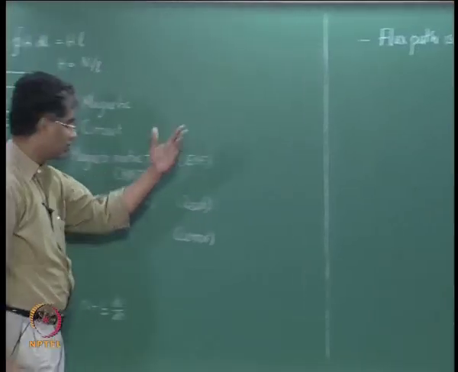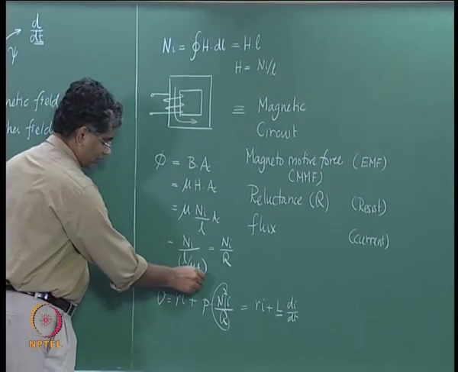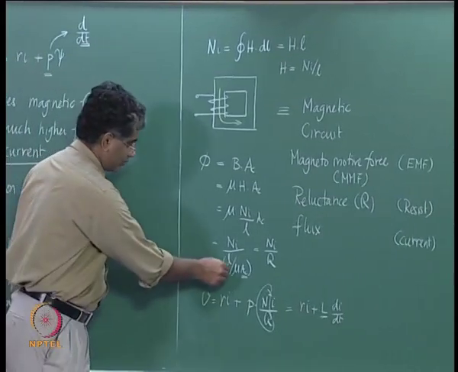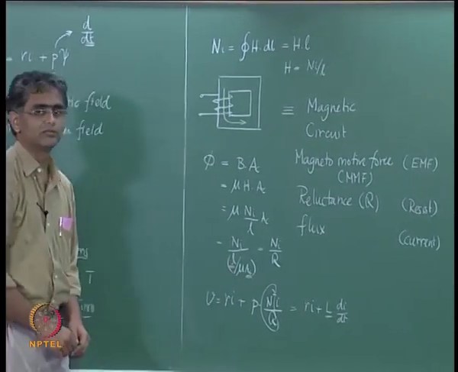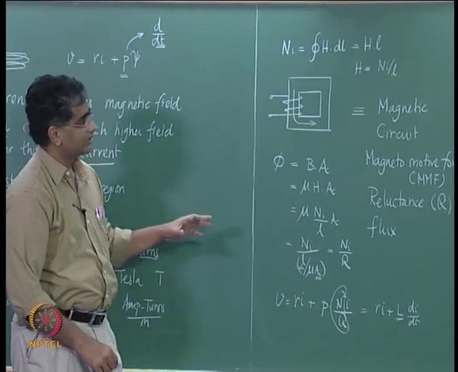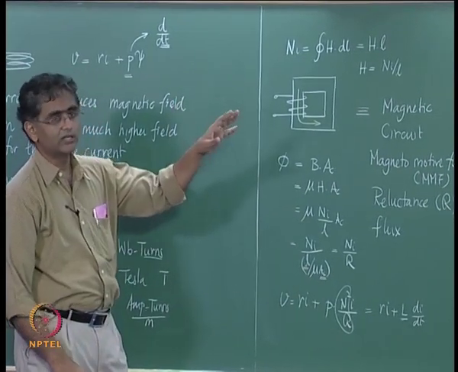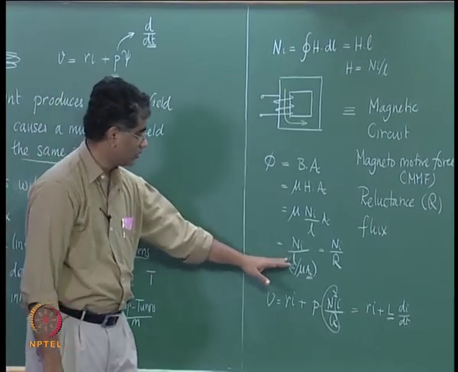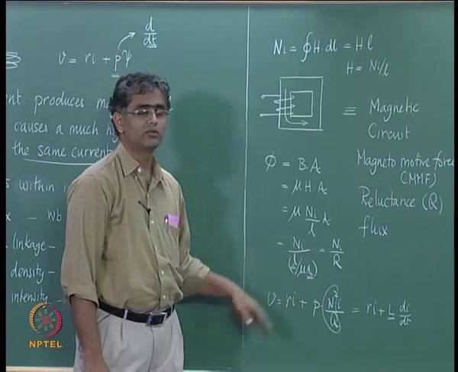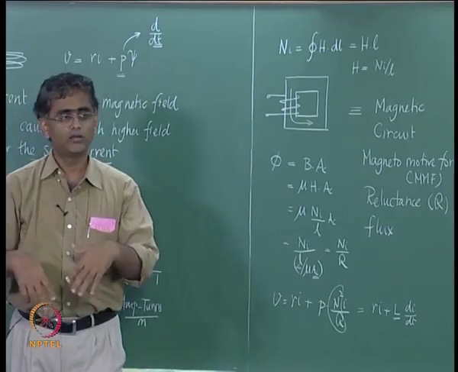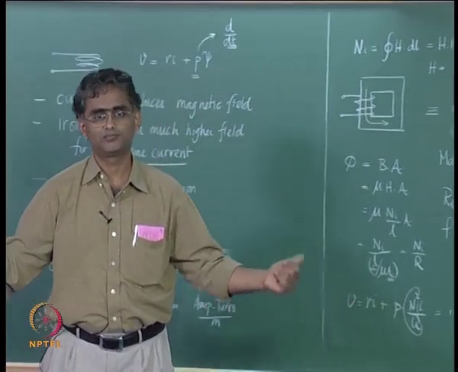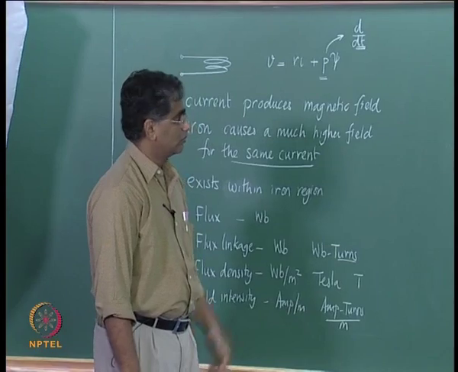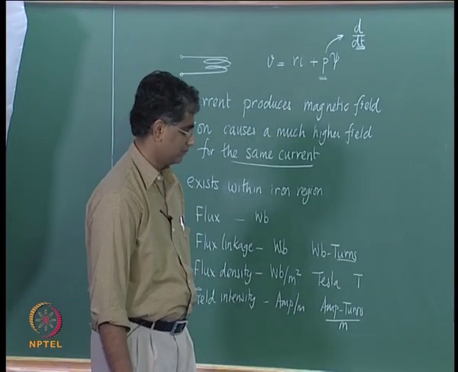For if it were not well defined, you could not determine the area through which flux flows, and you cannot determine the length of the flux path, right. So the first assumption is that the flux path is known and well defined. You cannot attempt to have this kind of expression where there is a loop and then flux flows all over space, right. So the flux path must be known.